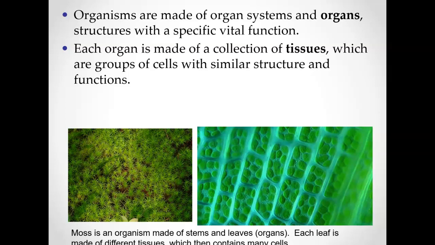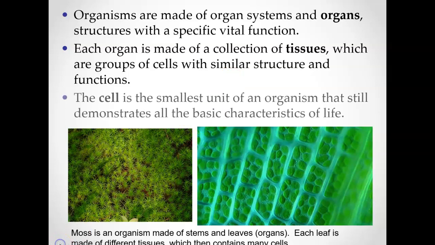Those tissues can make up an organ. For example, we may have different types of cardiac tissue, and those tissues all work together to make a heart. That heart is part of a larger body system, which all eventually contributes back to creating one single organism. Again, the focus of this course is going to be more on the individual cells than the sets of tissues and organs that make up a larger multicellular organism.